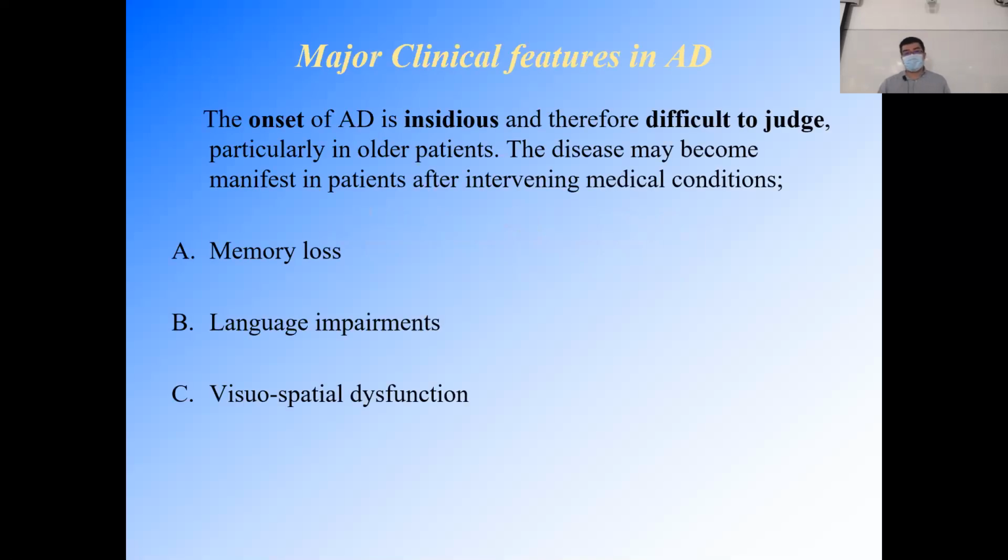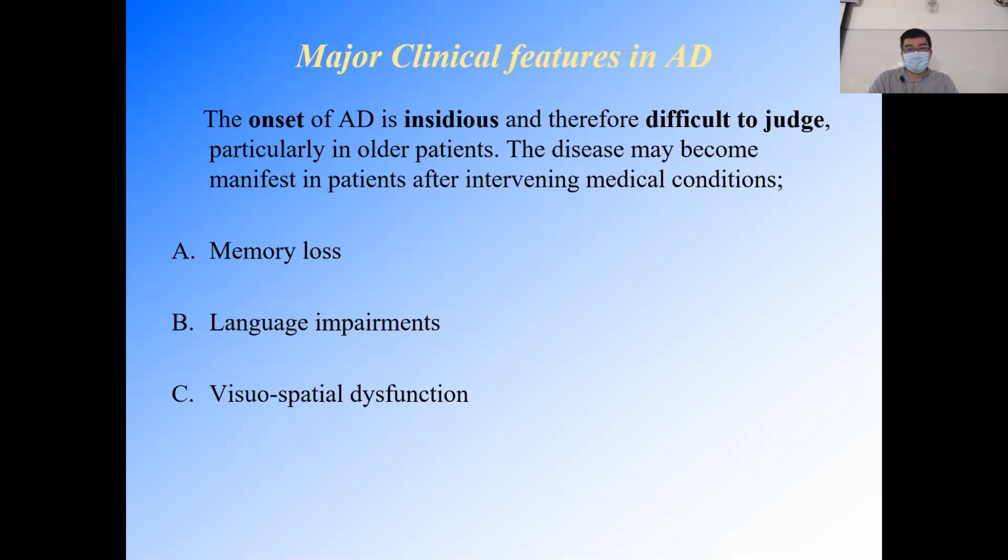So, some of the major clinical features of Alzheimer's disease. If you still remember the video, it's not just memory loss at onset, but it is associated with other characteristics.